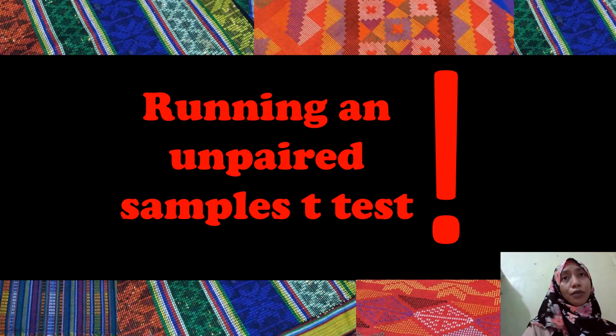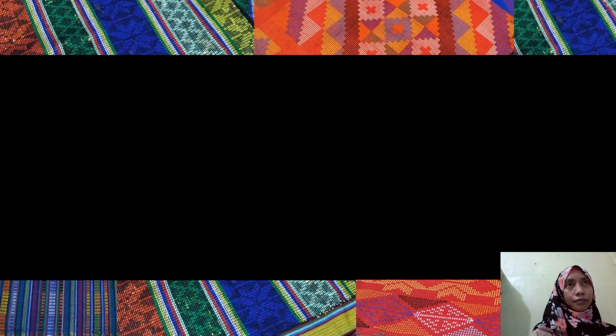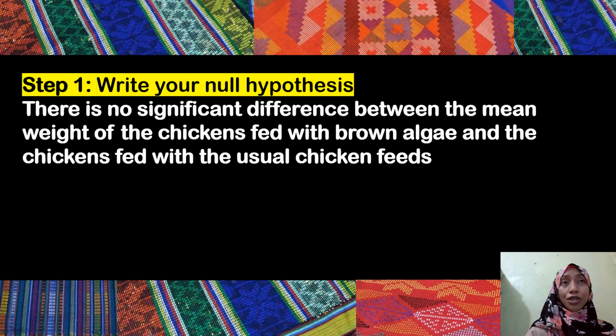Now, let us run an unpaired samples t-test. The first step is to write your null hypothesis. In our case, our null hypothesis would be there is no significant difference between the mean weight of the chickens fed with brown algae and the chickens fed with the usual chicken feeds.